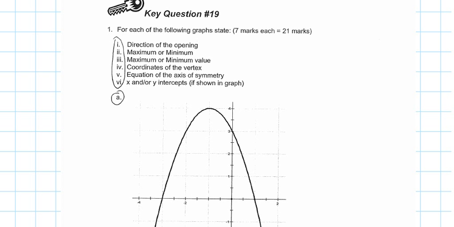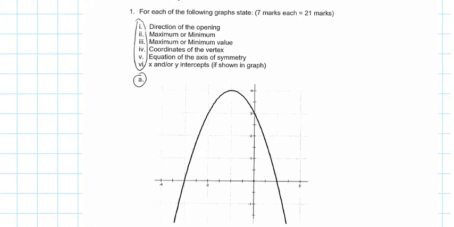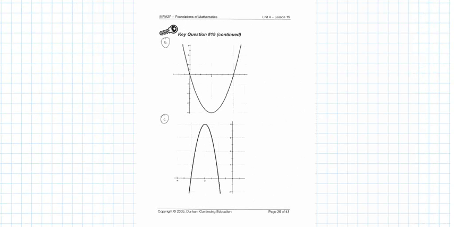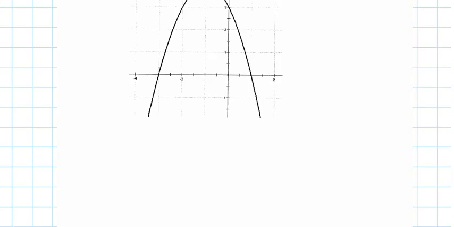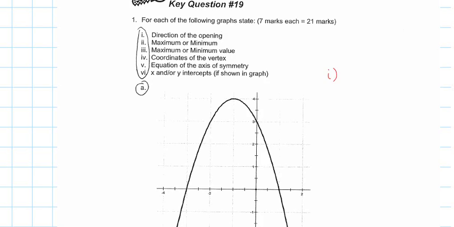You're going to have to answer all these questions for A, B, and C. If you want, right next to the graph, you can write what it opens, and max or min. You can answer it next to each graph. All right? This is the key question for today's lesson.